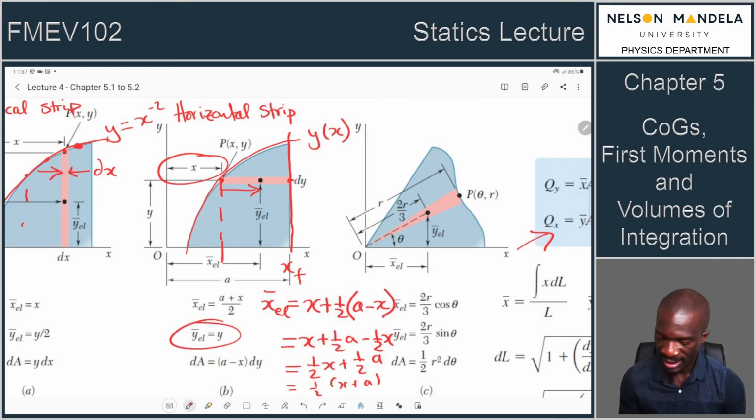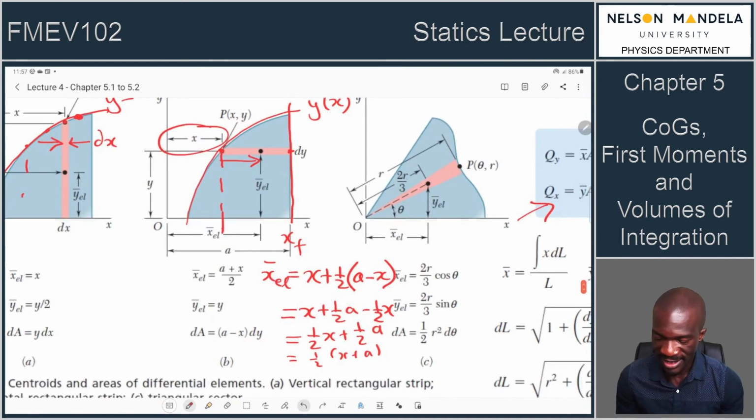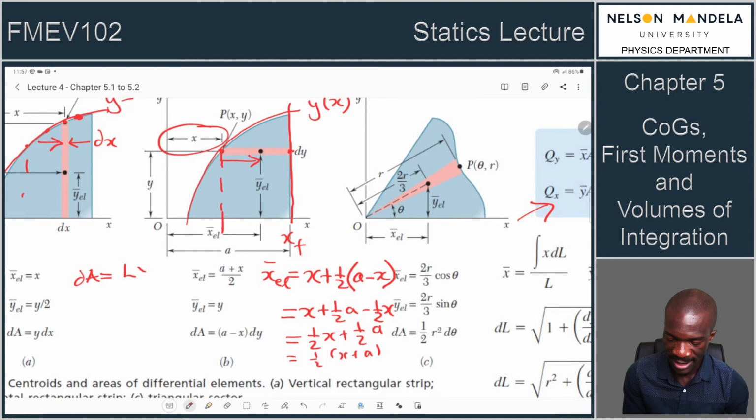Your centroidal y position, the same way we're looking at the previous axis, all we need is the distance from this position. So in actual fact, your y bar element is whatever y position it is at. Then your dA, we said dA is equal to the length times the width of the strip. So what is the length of this strip? It's obviously from here to there.